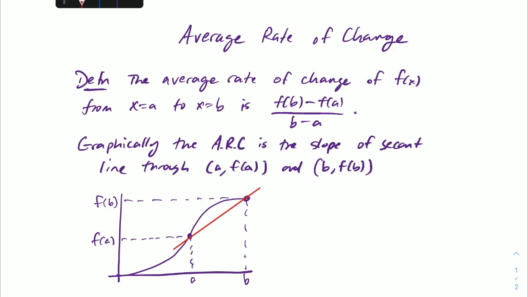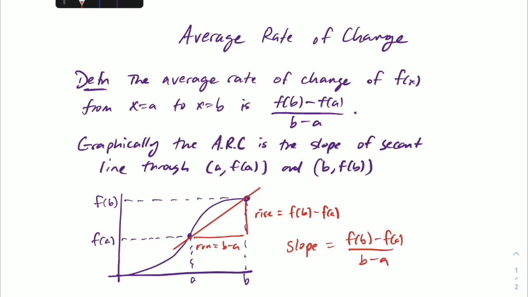So if we draw a secant line through those 2 points, the rise is going to be f of b minus f of a, the rise from a to b, and the run is going to be b minus a. So the slope is f of b minus f of a over b minus a.